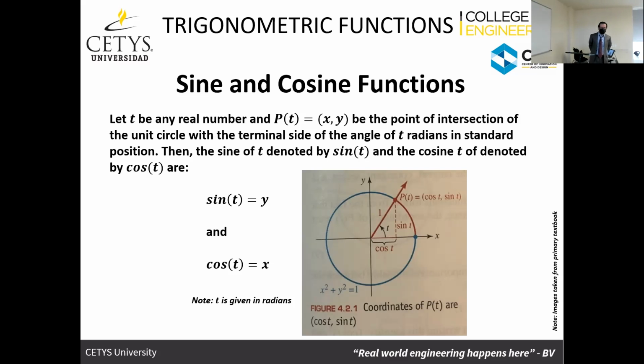These are called trigonometric functions because they help us express relationships for certain figures, particularly triangles, or right triangles.